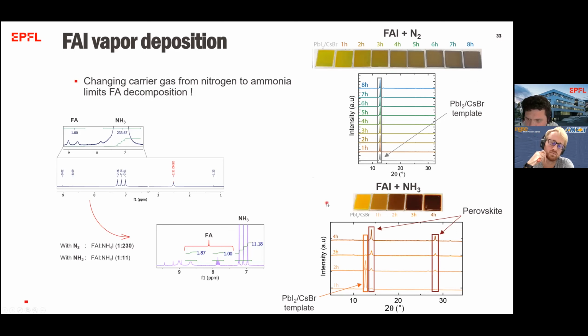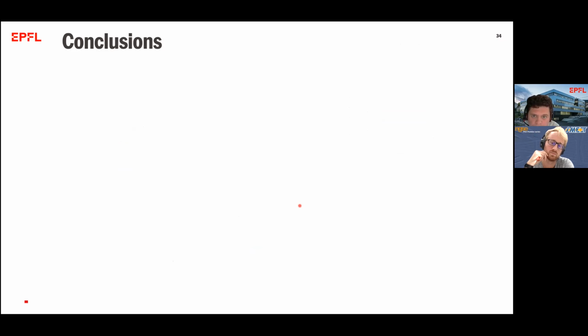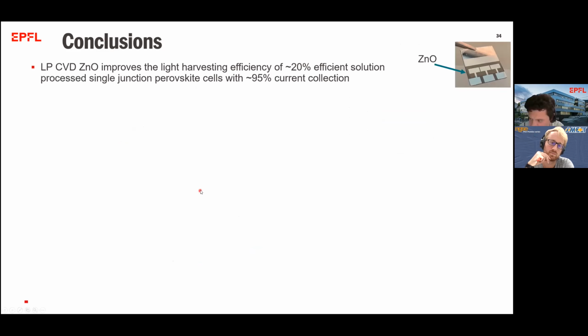So that already brings me to my conclusion. Not sure how I'm doing on time. Oh, it's still okay. So in the first part, I've shown you this low pressure CVD deposited zinc oxide, which allows us to make 20% efficient devices with a very nice spectral profile, reaching 94–95% of the maximum current.